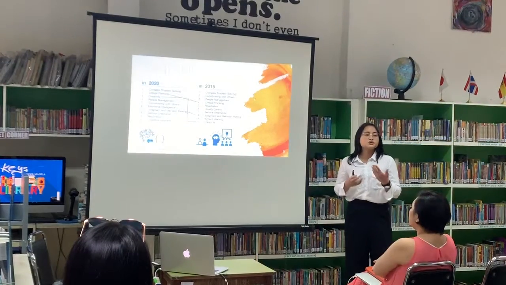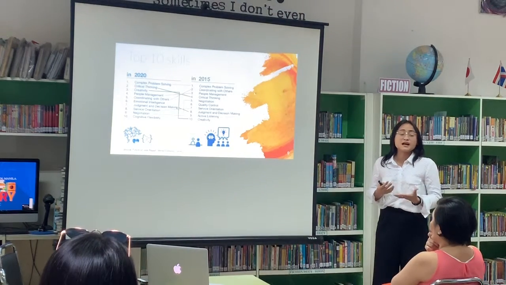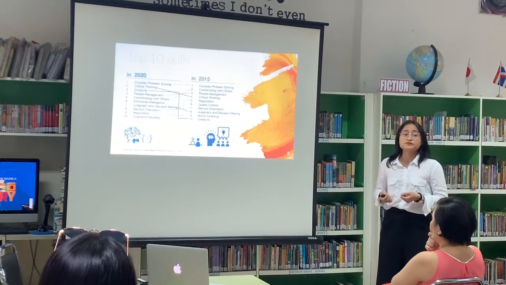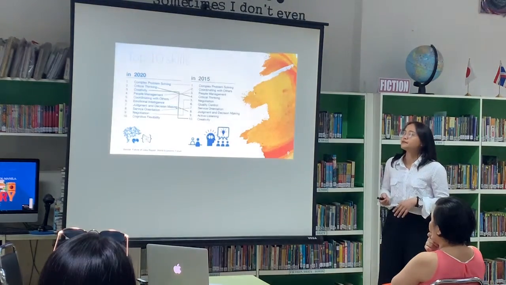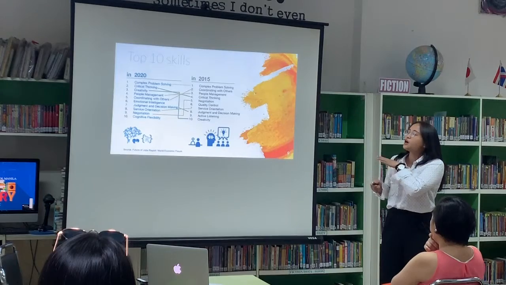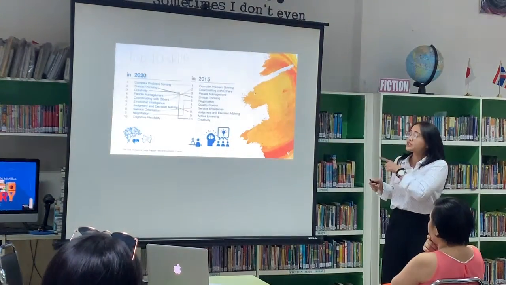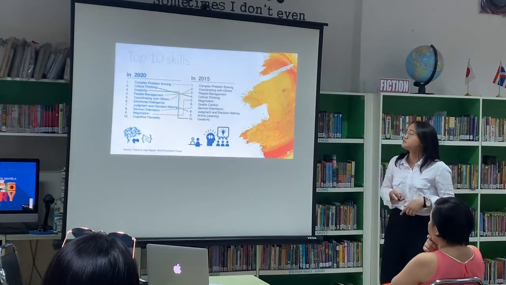Because of the evolution of technology, everything is in our hands, and creativity is really important for the students and for the people to have. The ones in orange were the ones that became lower in 2020, and the ones in green are the ones that became higher.